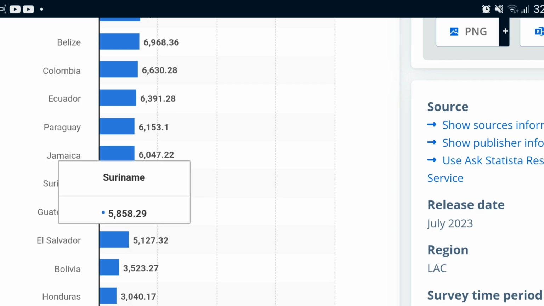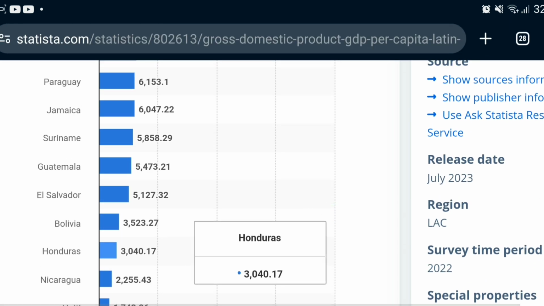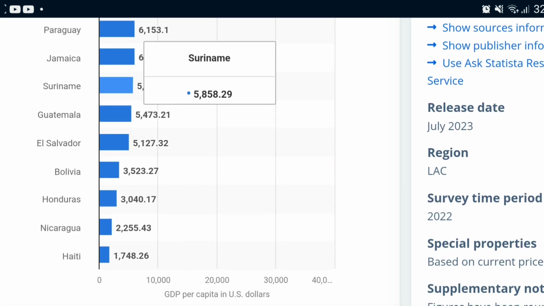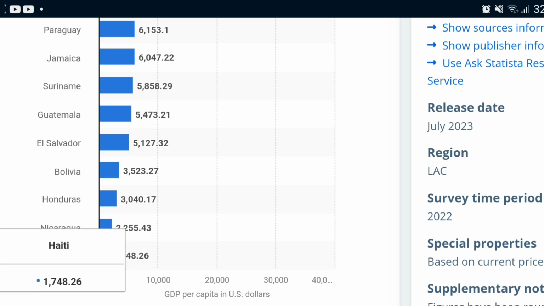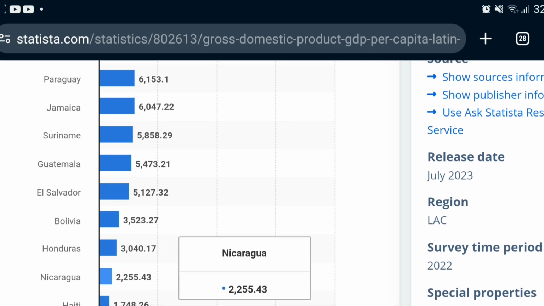So Jamaica is far below the regional average. And when you look at it, the only Caribbean country that is below Jamaica is Haiti, right at the bottom here, at $1,748.26. So outside of Haiti, Jamaica would be at the bottom of the Caribbean.